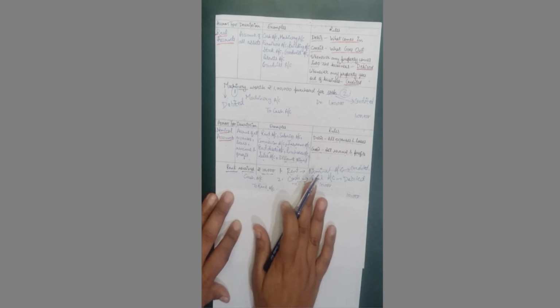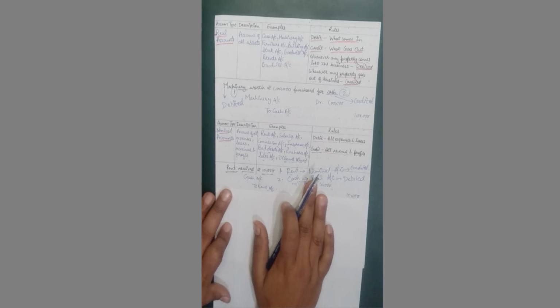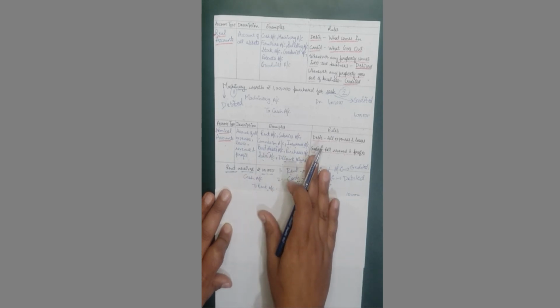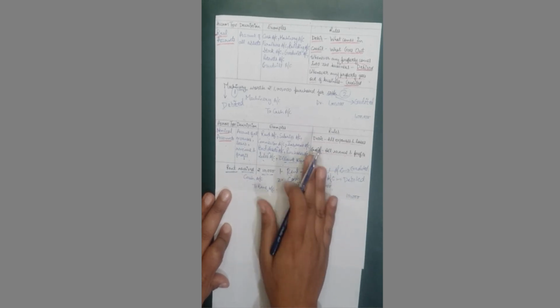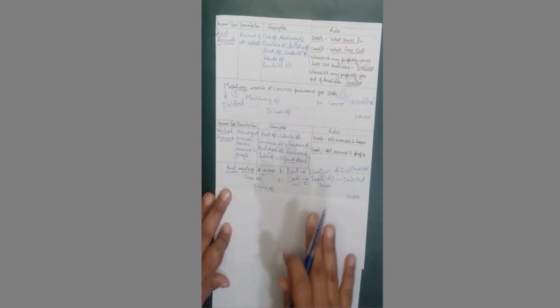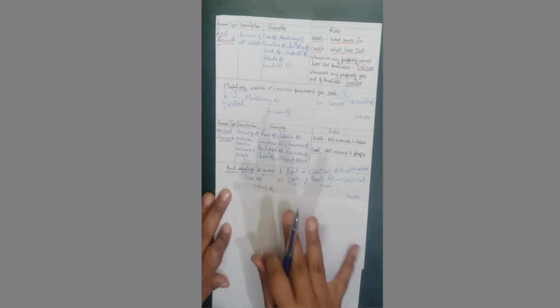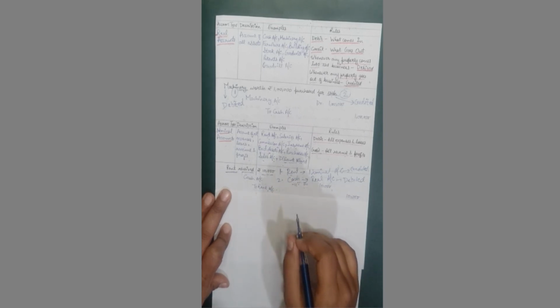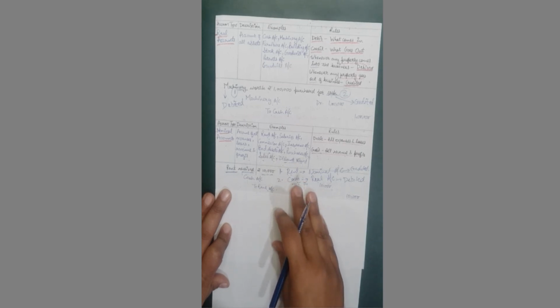The golden rules of accounting. If you do not know the golden rules of accounting, you cannot pass the journal entries and solve further practical problems. So it is very important to have clarity on the golden rules of accounting. Till now we have understood that there are three types of accounts: either real accounts, personal accounts or nominal accounts.